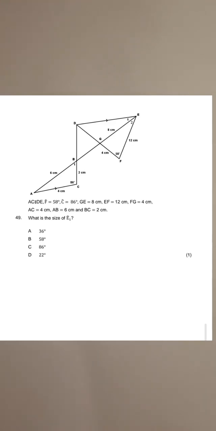Okay, question 49. Now look at question 49. Just take a moment. In that question, they are saying AC is parallel to DE. Hopefully you see AC and you see the fact that indeed they are parallel.